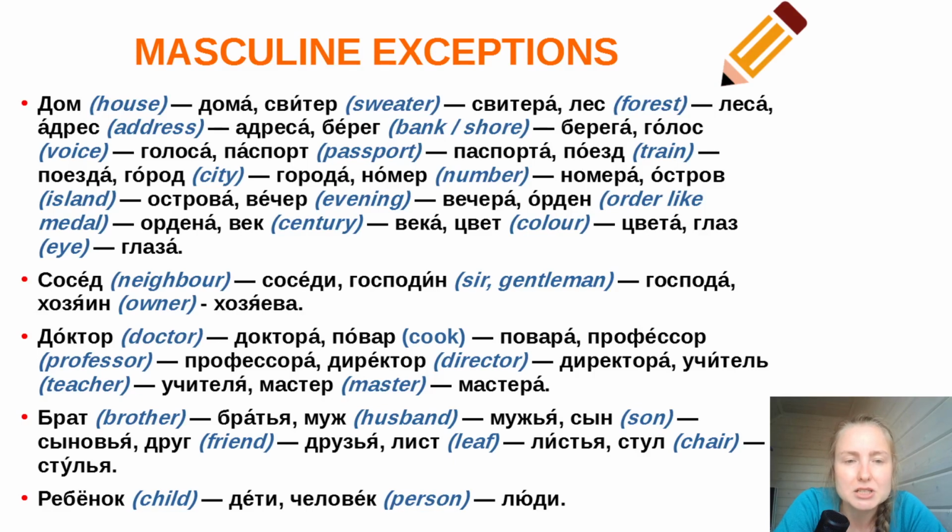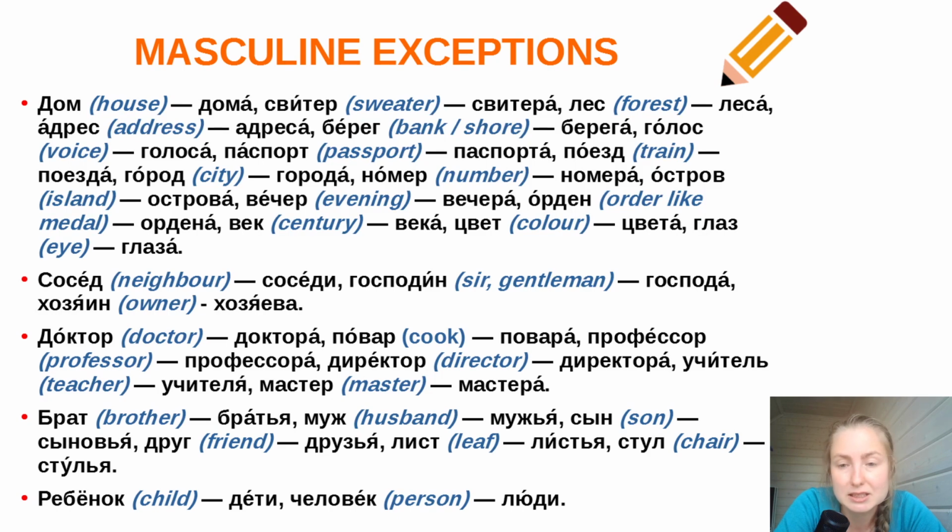Okay, the second group: сосед, соседи, господин, господа, хозяин, хозяева. So сосед, соседи, it's an exception because after hard consonant it's strange to use ending "и", which is normally used instead of the soft sign.